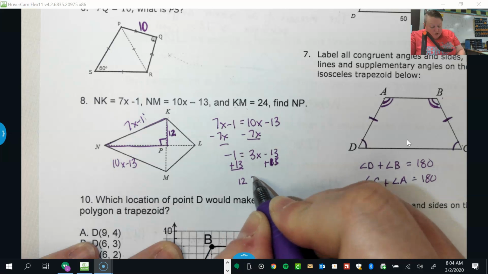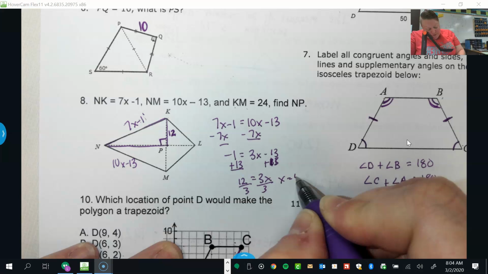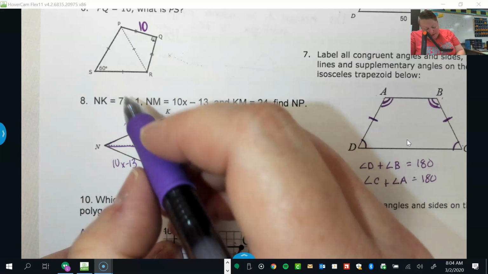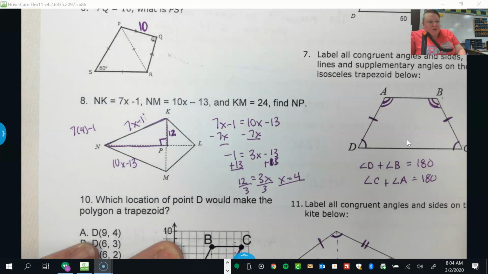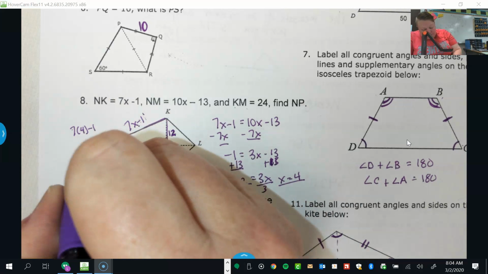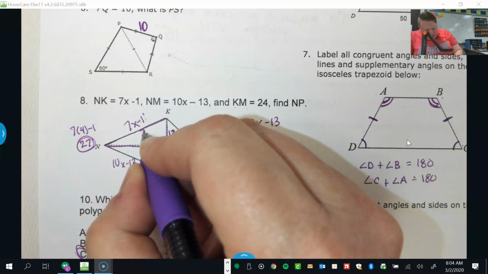So that gives me 12 is equal to 3x, which means x is equal to 4. So now if I plug this in, 7 times 4 minus 1, what's 7 times 4? 28. Yeah, 28 minus 1, that gives me 27. So this is 27.